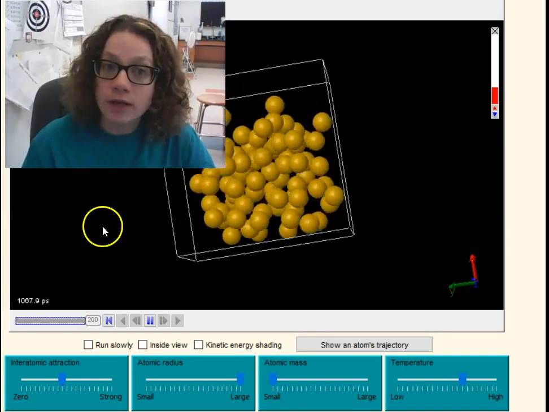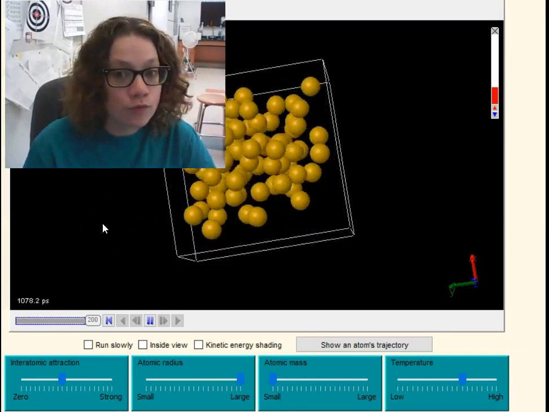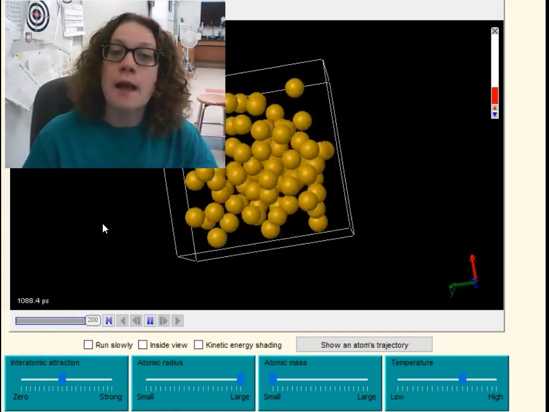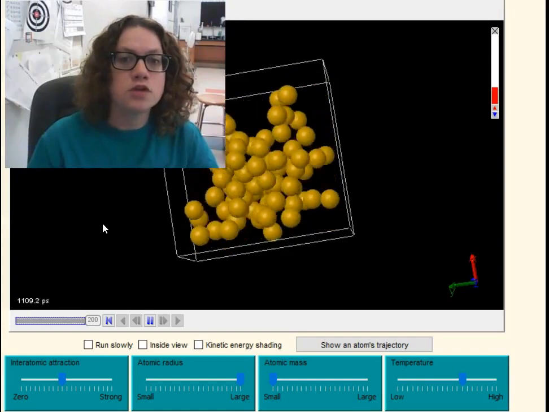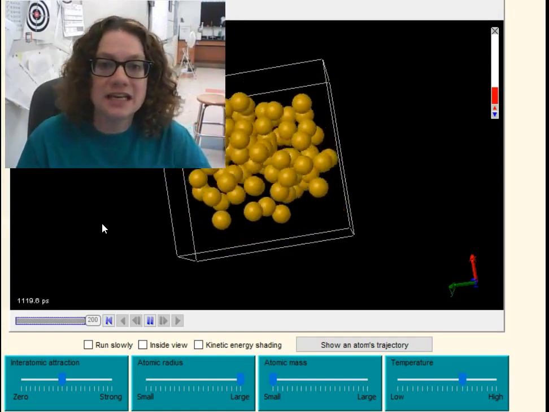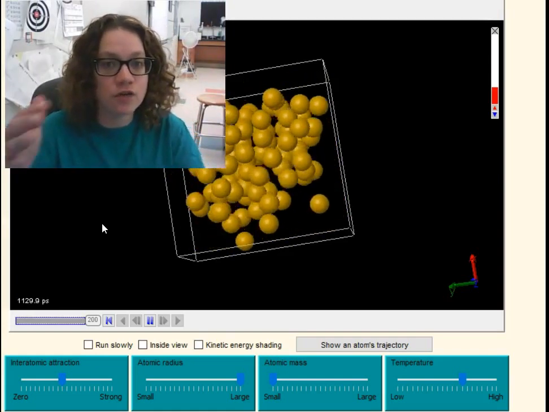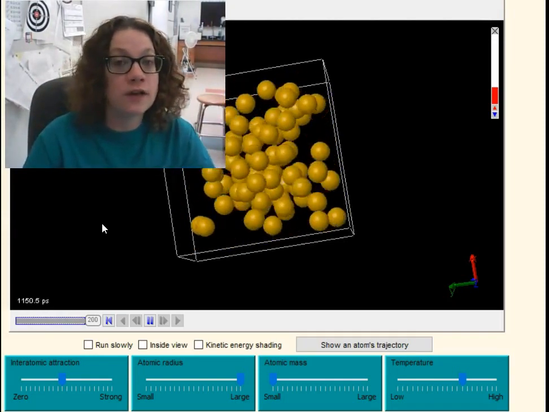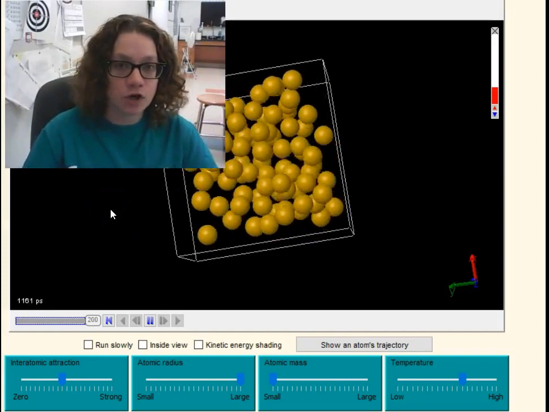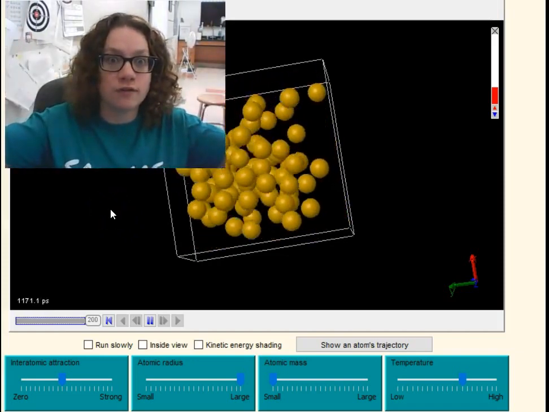Now in a liquid, the particles can move from place to place, but they're still very close together. So we say that a liquid will take the shape of the container. The particles can flow past each other. Now if I continue to increase the temperature, I get the particles to move very far apart.